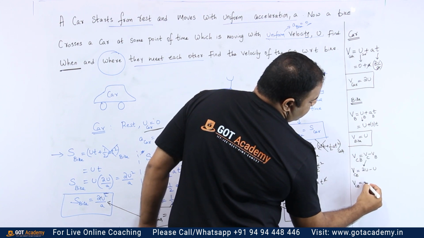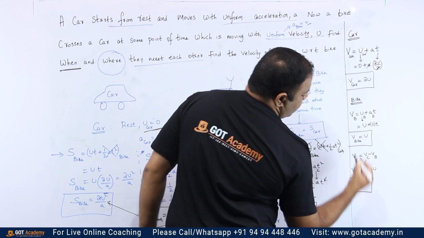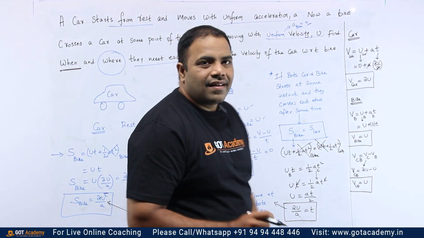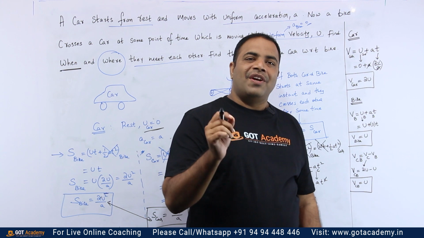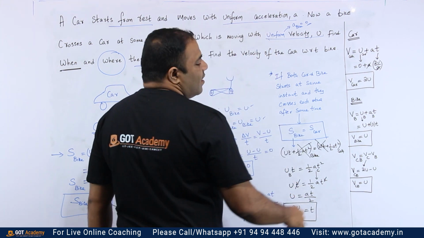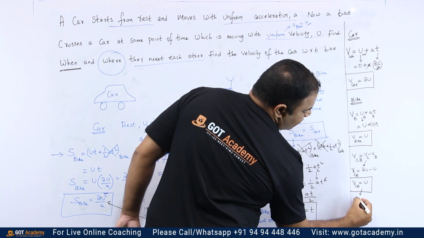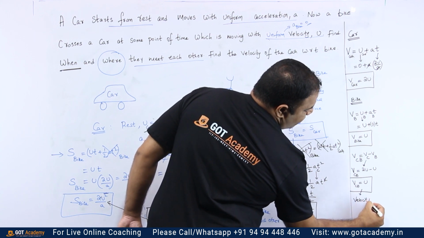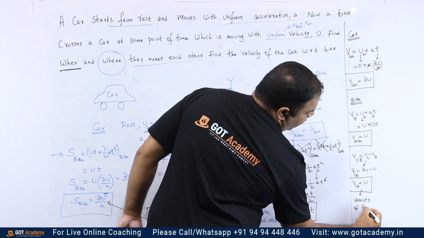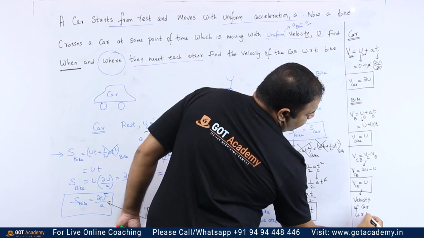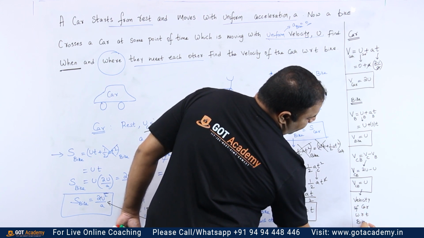So the answer for this question is u. Okay. So V_CB, nothing but velocity of car with respect to bike. So what you got here? Velocity of car minus bike is equal to u. So let me write here. So this is nothing but velocity of car with respect to bike.